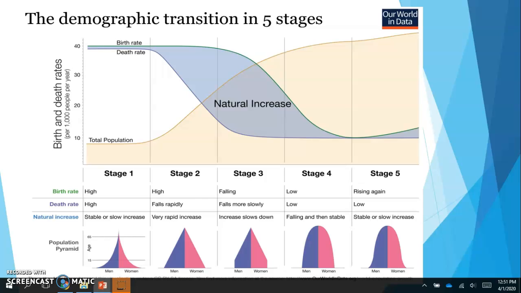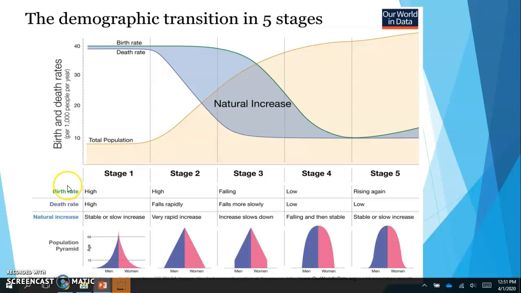Okay, so really quick, we're just going to take a look at these 4, technically 5 stages, but we're going to focus on the first 4. So in stage 1, this would be pre-industrial. So on the top in the blue, we've got our birth and our death rates, and then our orange yellow line in our axes right here, this is going to be our total population.